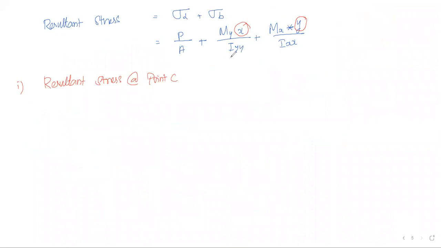So at point C the x coordinate is plus 150 and y coordinate is plus 200.